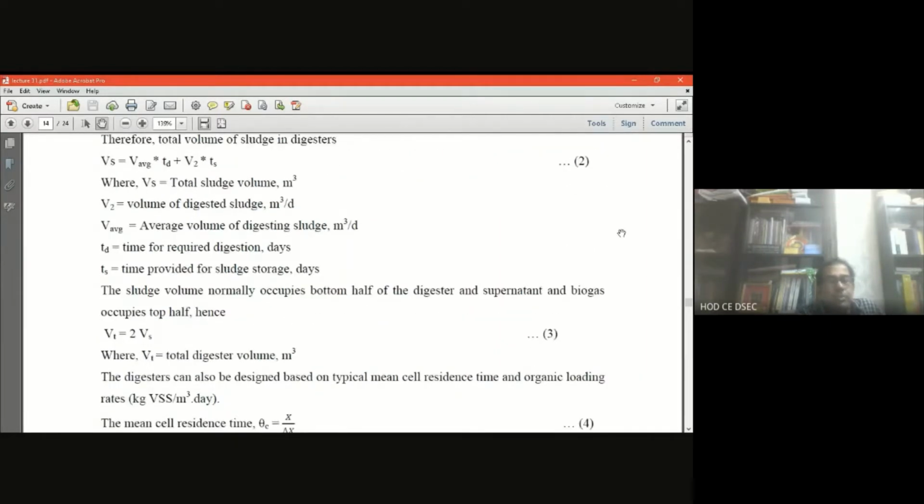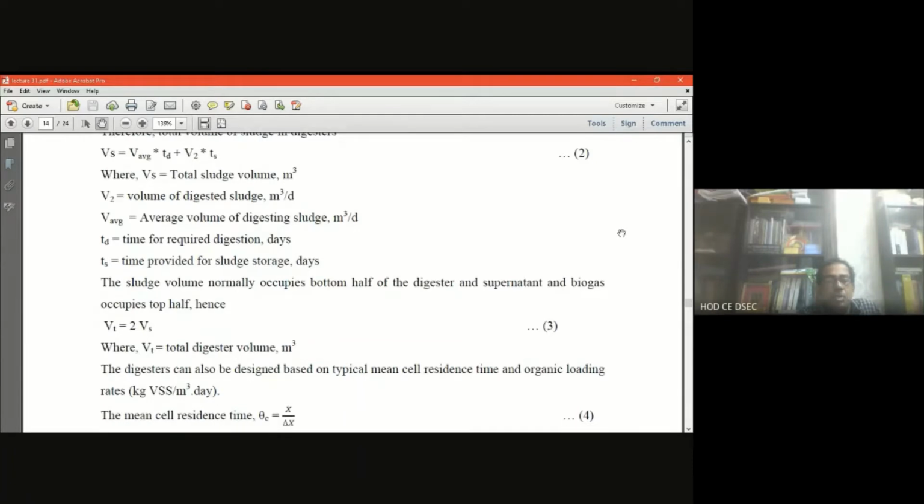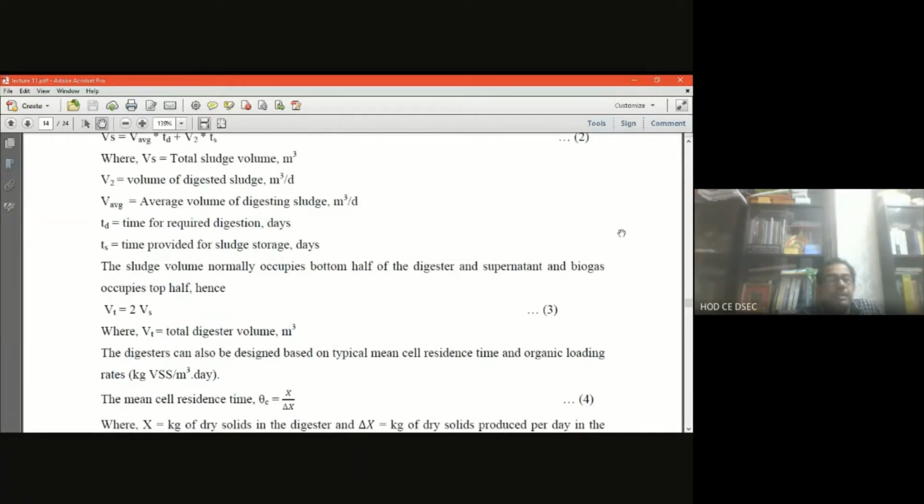Thus, the sludge volume normally occupies the bottom half of the digester, and supernatant and biogas occupy the top half. Hence, Vt equals 2 times Vs. So once we calculate the volume of the sludge, the digester will be twice that, because we are assuming 50% is occupied by the sludge, and 50% is occupied by the supernatant water and the biogas.